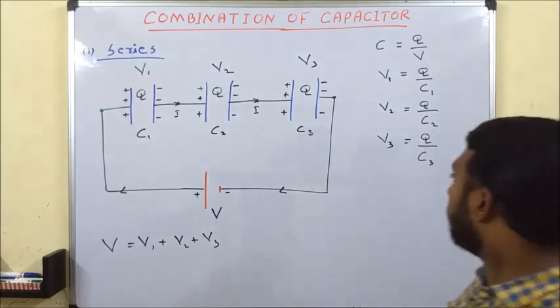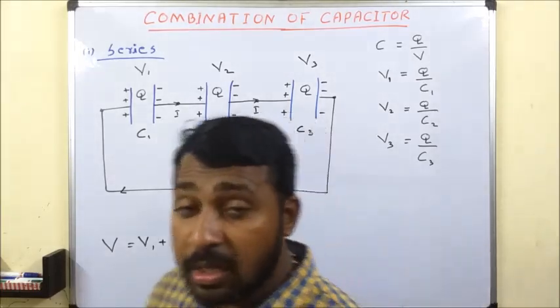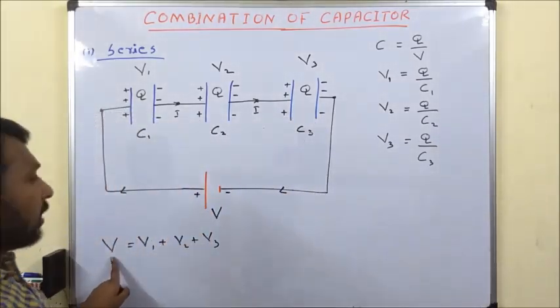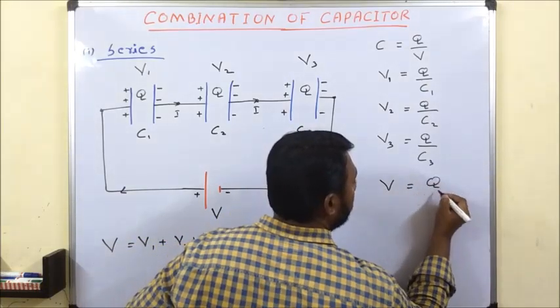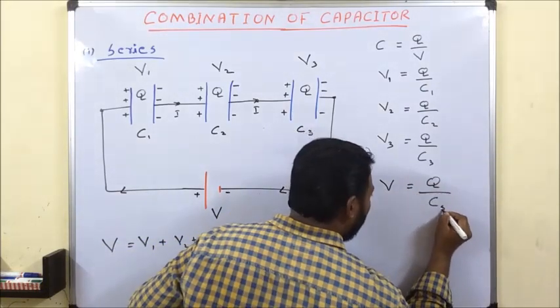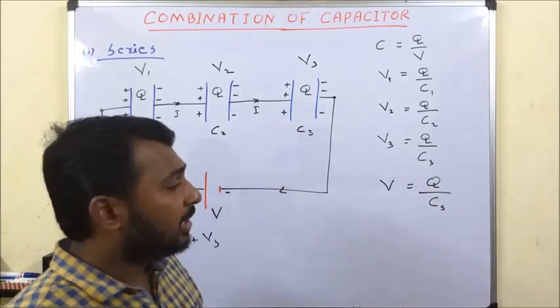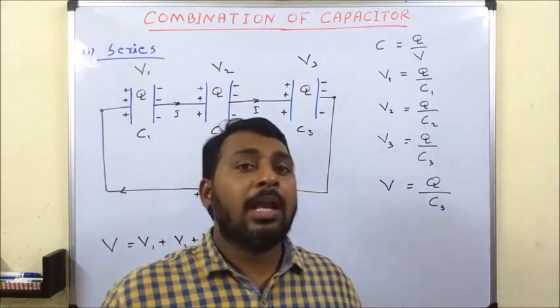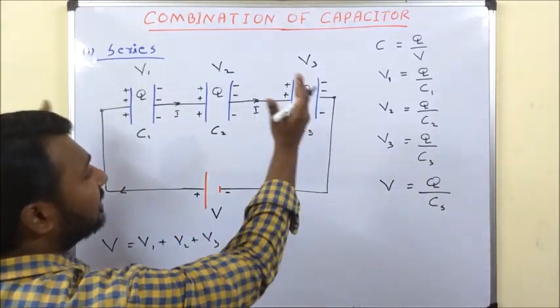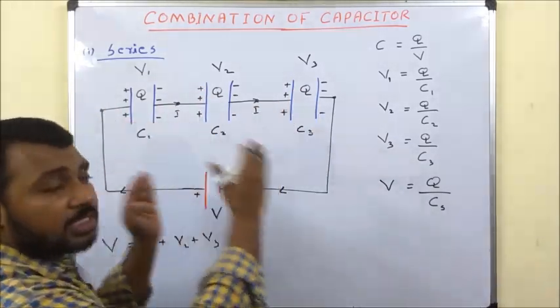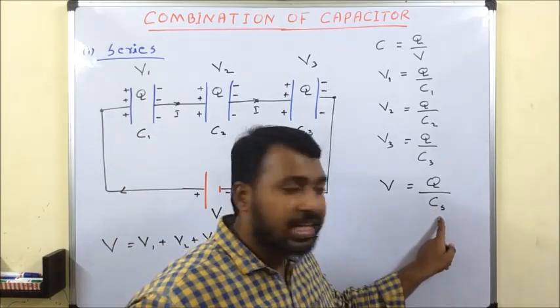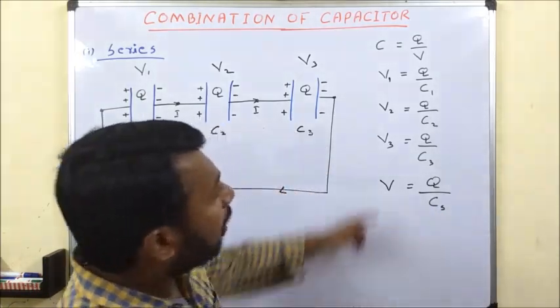Okay. Now, what will be the applied potential? V is equal to Q divided by CS, where CS means the total equivalent capacitance of this system, the system of three capacitors which are connected in series. Clear? Now let us substitute all these values.